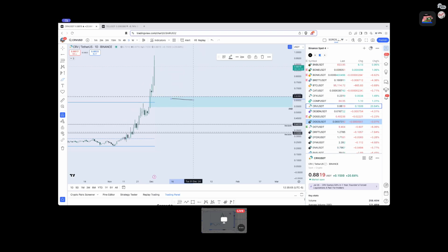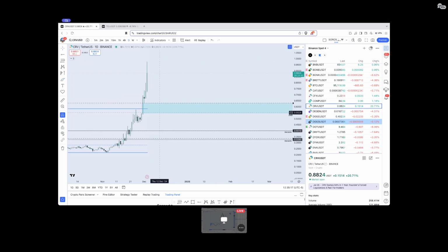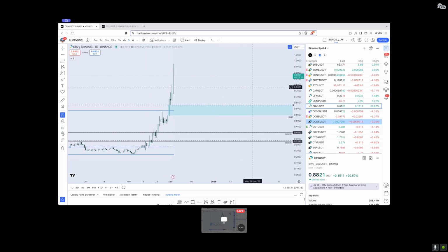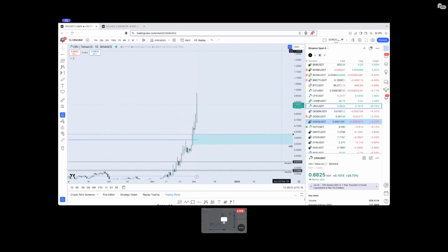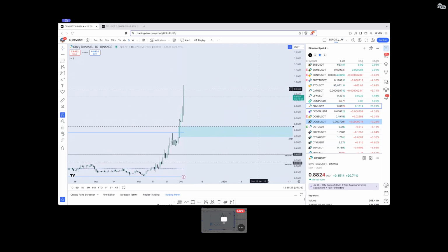So you would do like 10, 15, 20% here, 20, 30, 50. That way, all the way down, you're adding size as the price goes lower. And then if things base here and it does a successful auction, you could just start aggressively adding with the idea they're going to run this up to 7 because they're done accumulating.